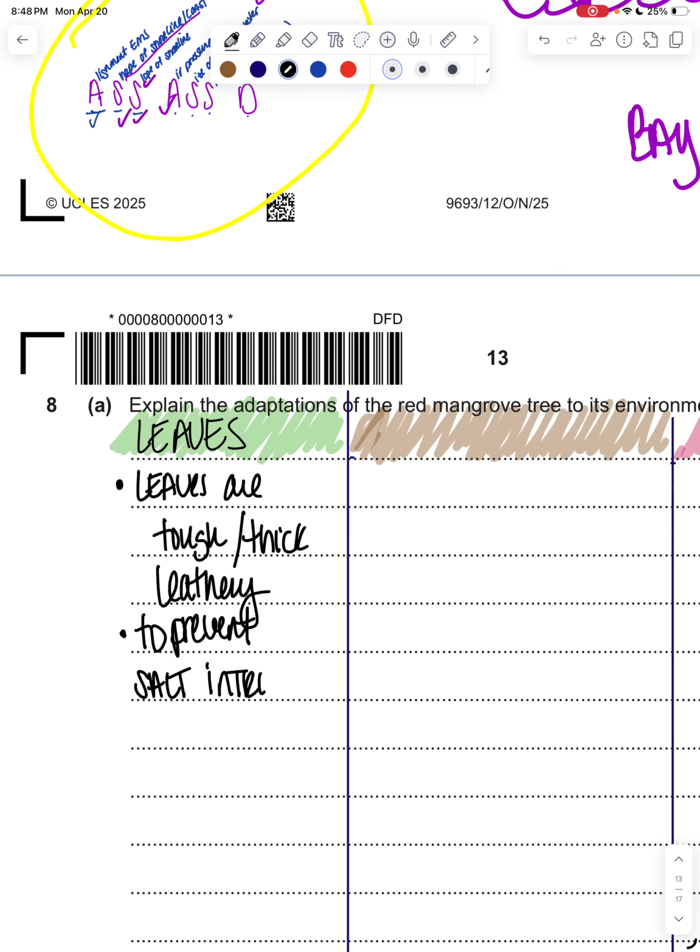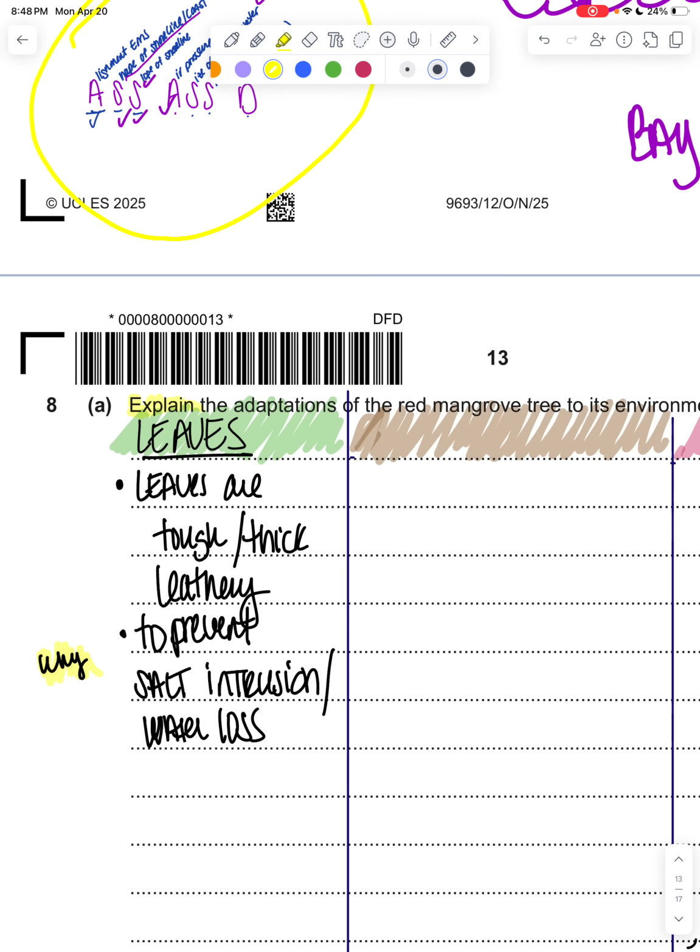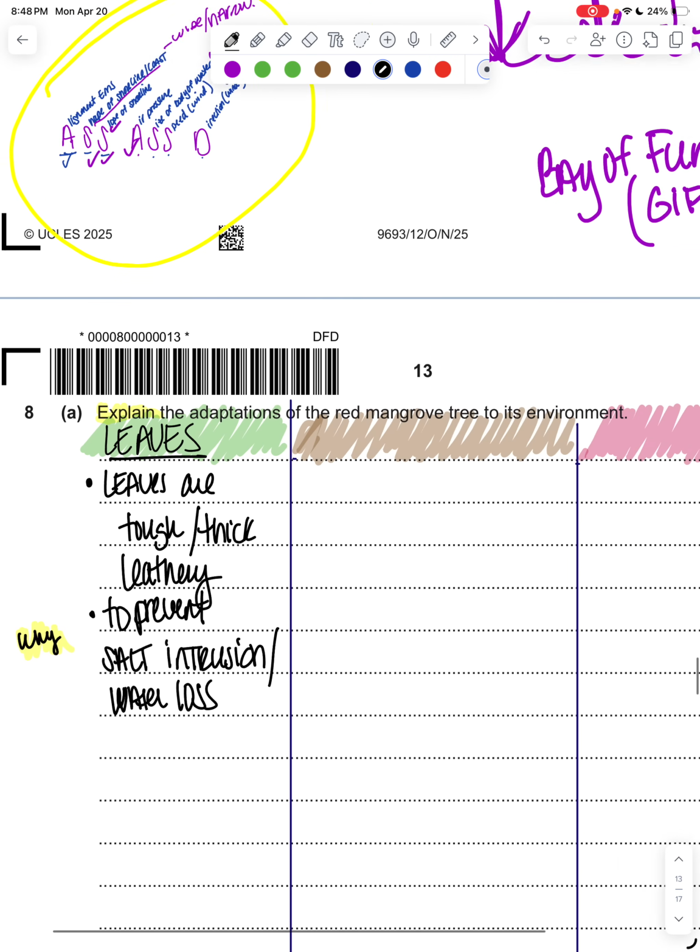Salt intrusion, or you could say salts from entering, or to prevent water loss, just literally from being around like a saline area and like wind. And if we think again about our command word, it says explain. So we need to be explaining. So this is why I put the Y. That's it for the leaves.